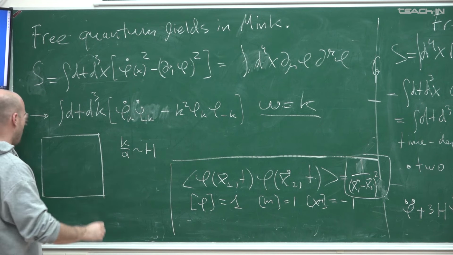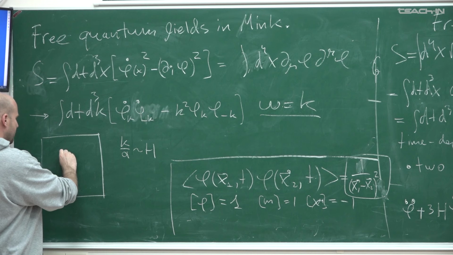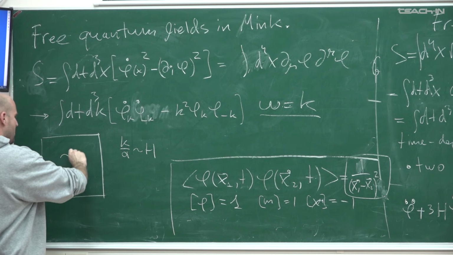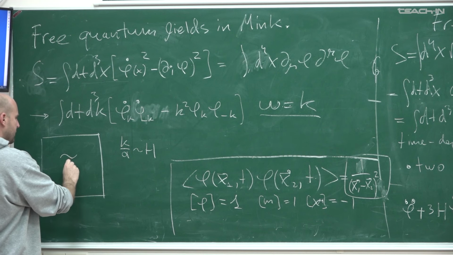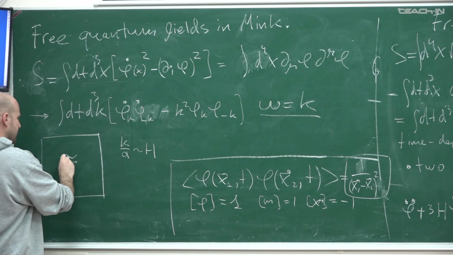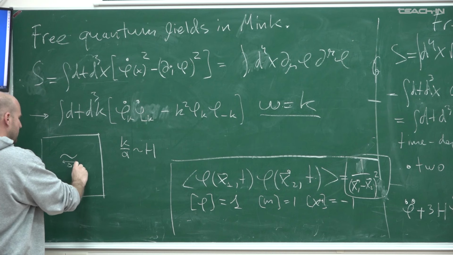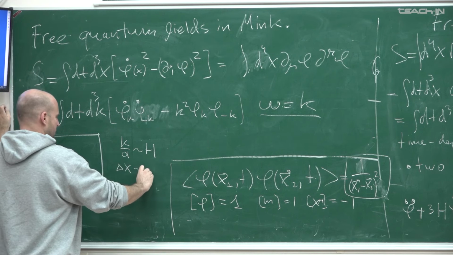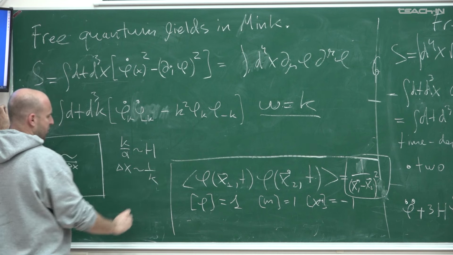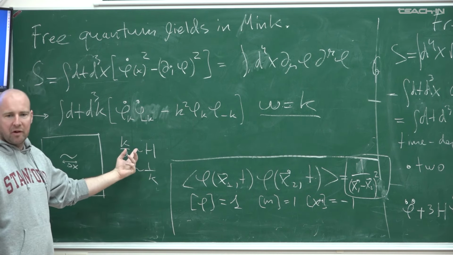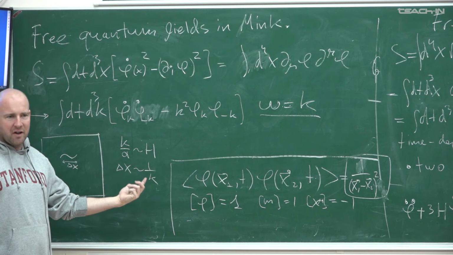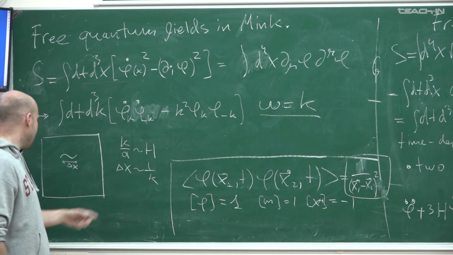When we Fourier transform, modes with momentum k roughly correspond to functions that have some support on distances of 1 over k, so delta x is of course 1 over k.